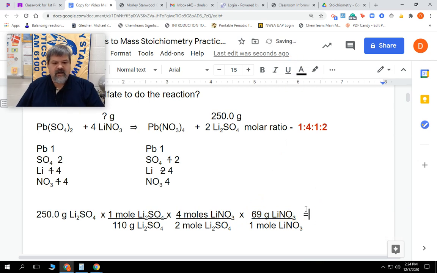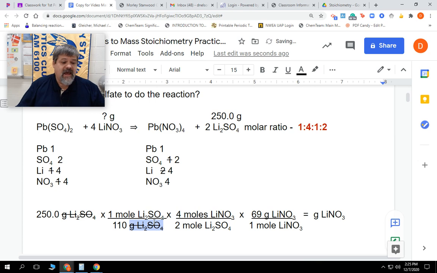And I know that that's going to equal, when I get done, grams of lithium nitrate. That means that one right there. So I have to get rid of the rest of them. We're going to get rid of grams of lithium sulfate because I have it on top and I have it on bottom.